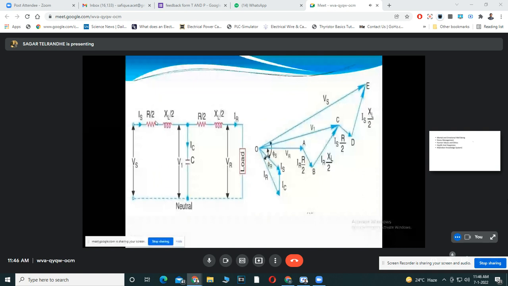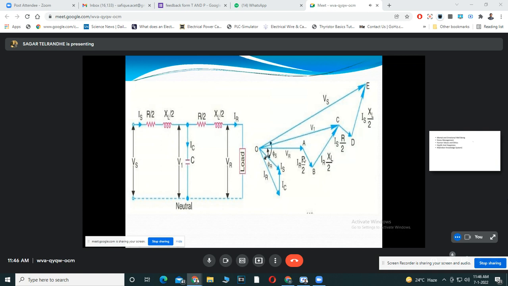Also, this half consists of an inductor. So this inductor will again cause an inductive voltage drop, and this voltage drop is given by IR into XL by 2.